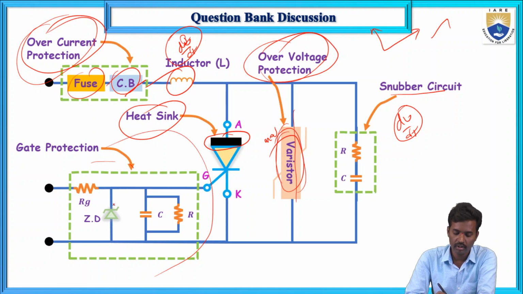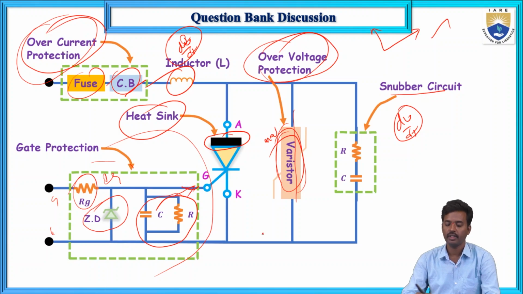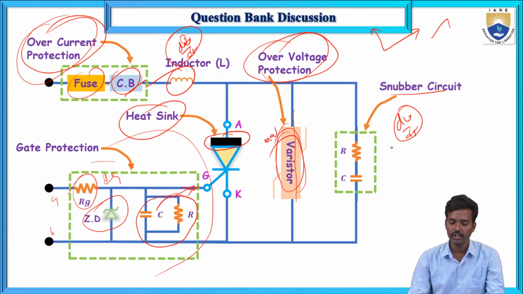What is the main purpose of the Zener diode? It maintains a constant voltage across the gate and cathode, and RG limits the gate current. Next, R and C connected in parallel minimize the noise at the gate circuit. This is the protection circuit for the SCR.